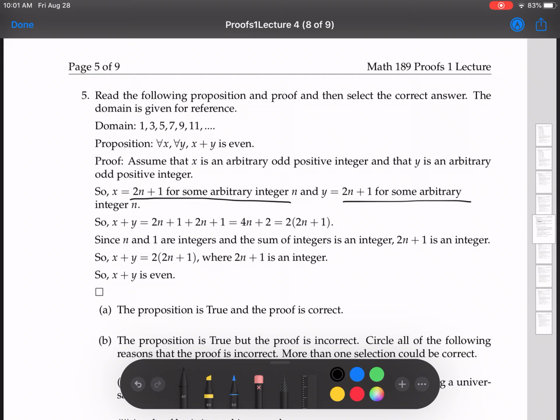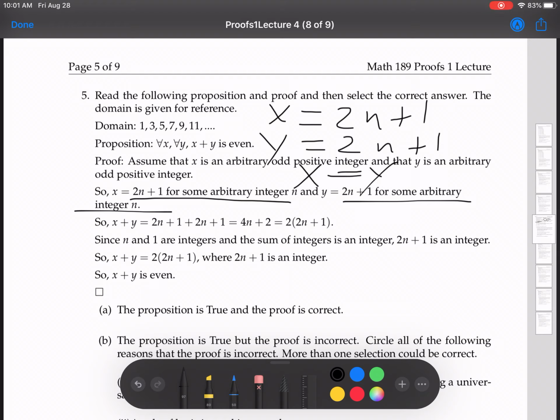There and there. Right, so think about this. If x equals 2n plus 1 and y equals 2n plus 1, then you can say that x equals y. And so then x plus y here becomes x plus x. And that's too specific.